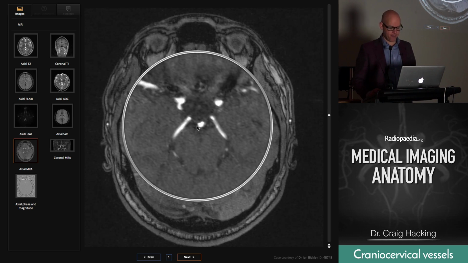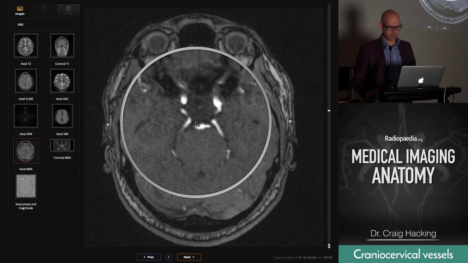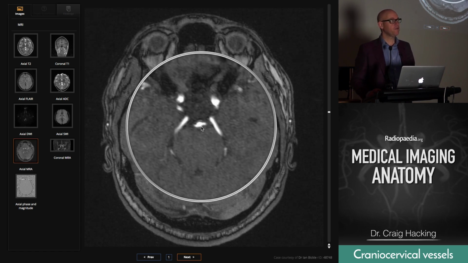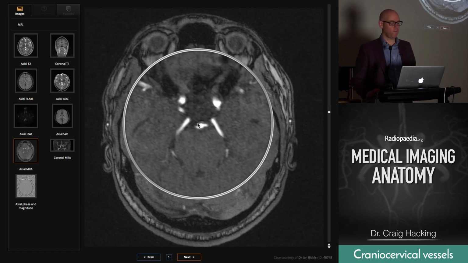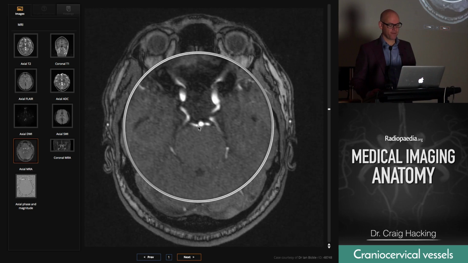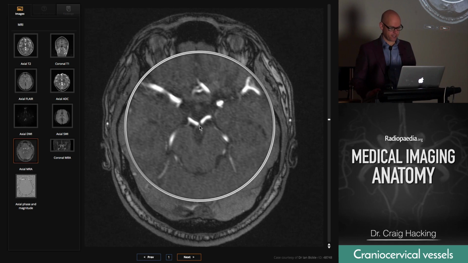There's a little gap between the PCA and the SCA, and it's amazing how small that gap is, and yet we can fit the oculomotor and trochlear nerves through there. Hence, you get eye palsies when you have little aneurysms of the PCA or the SCA right there. So that's the posterior circulation.